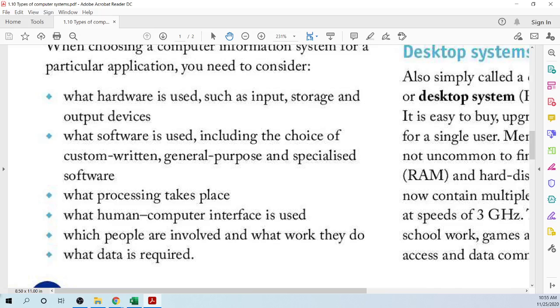So specialized. So you're telling me someone in the office would use specialized software? Okay. Well, actually, Keslin's answer was correct.